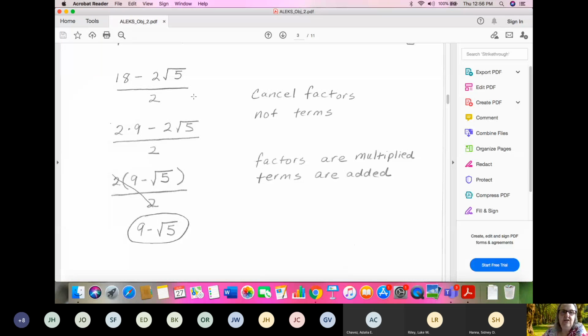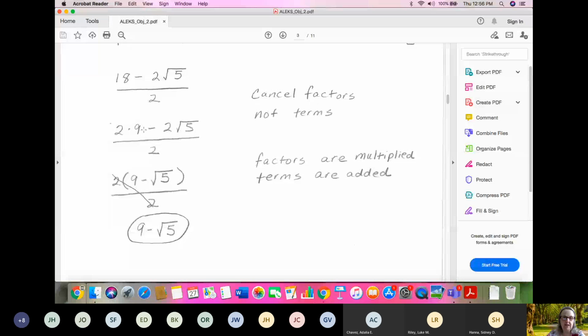But what we can do is see if we can write this 18 as 2 times something. And we can write 18 as 2 times 9. And what we can do now is this is a term plus negative 2 square root of 5 is a term, so we can factor out of these terms. We can factor 2 out of each of these terms. So let's factor a 2 way out front.